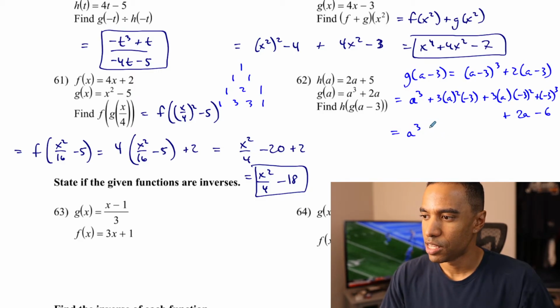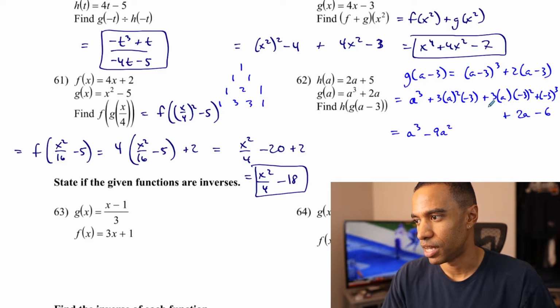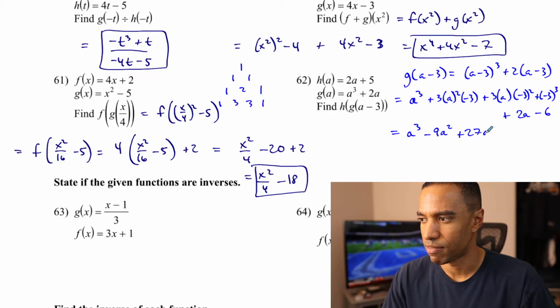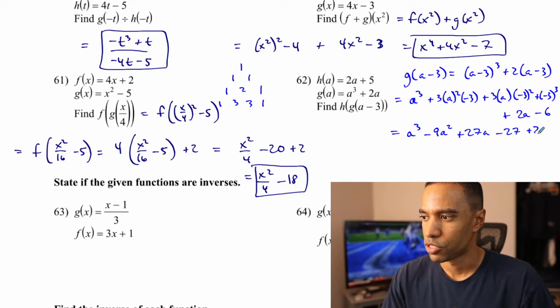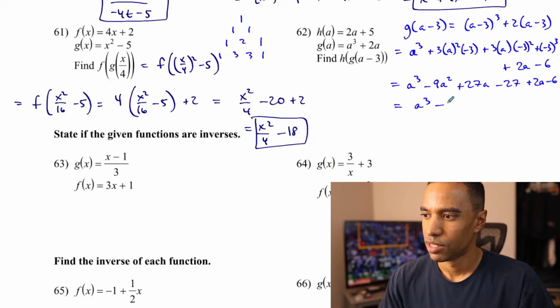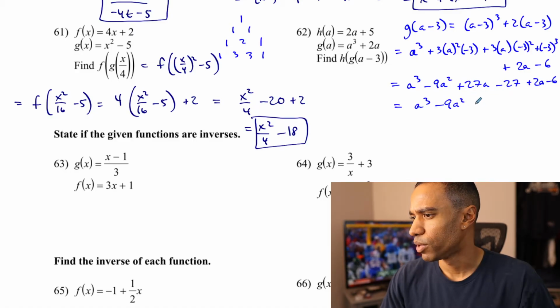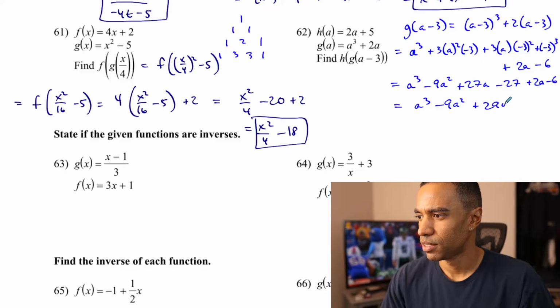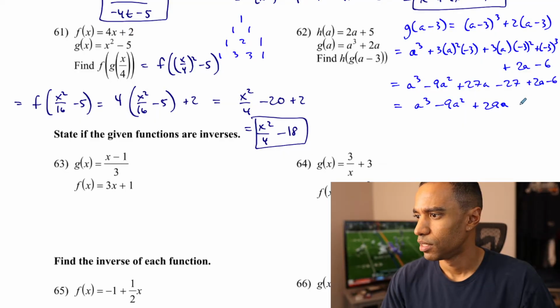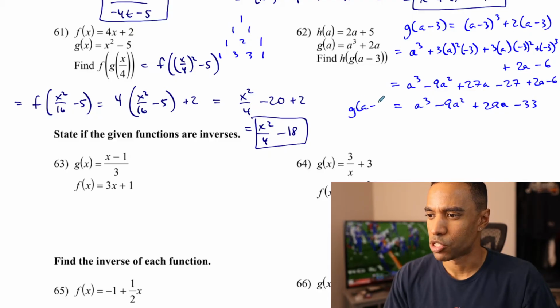So that's a cubed minus 9a squared plus 9 times 3 is 27, plus 27a minus 27 plus 2a minus 6, which is a cubed minus 9a squared plus 29a minus 33. Okay, that's g of a minus 3.